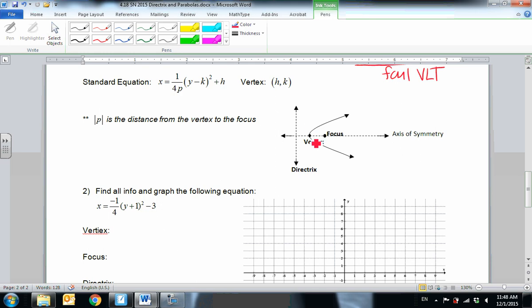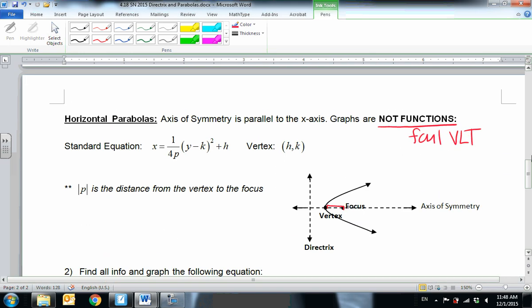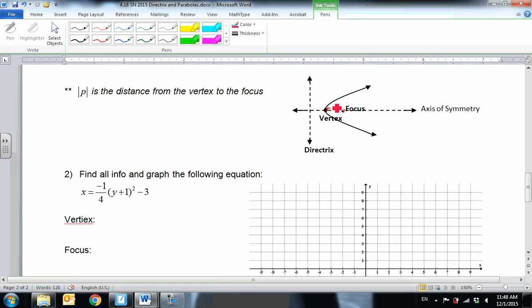Still, however, from here to here, that's what value? That's our p value. And from here to here, that's also p. Okay, if p is positive, which way do you think our parabola is going to open? To the right or to the left? To the right. Good.